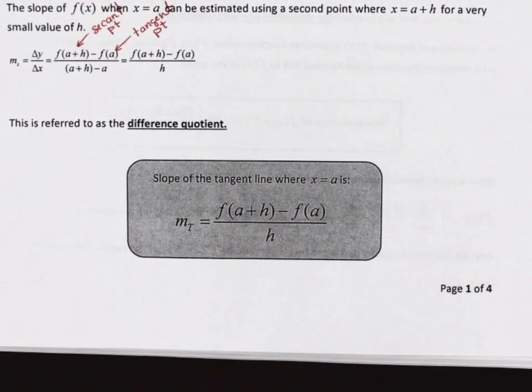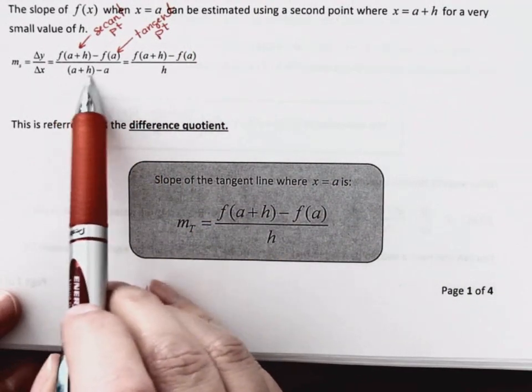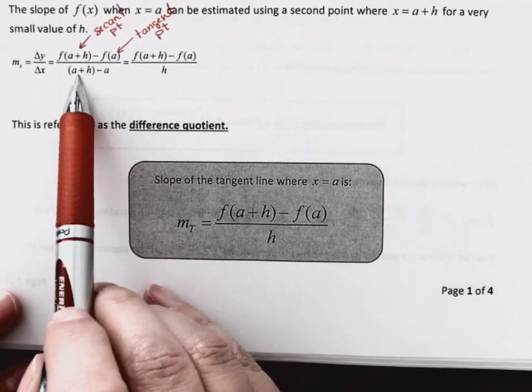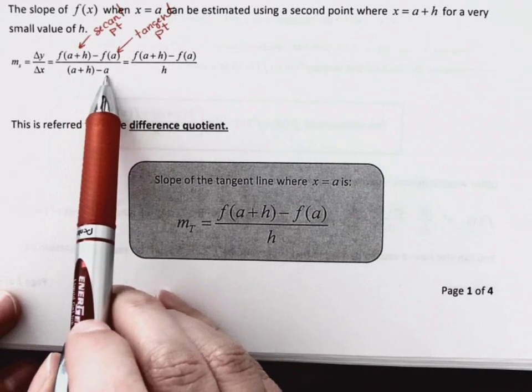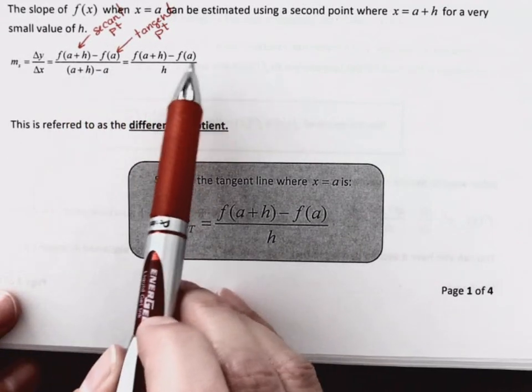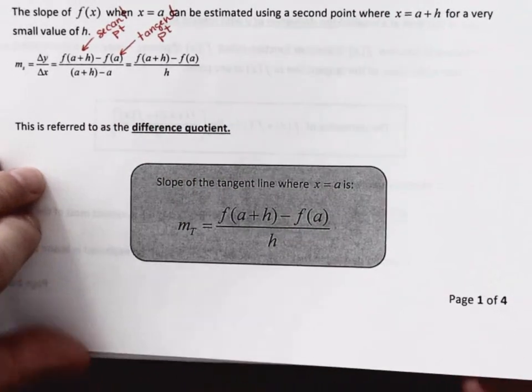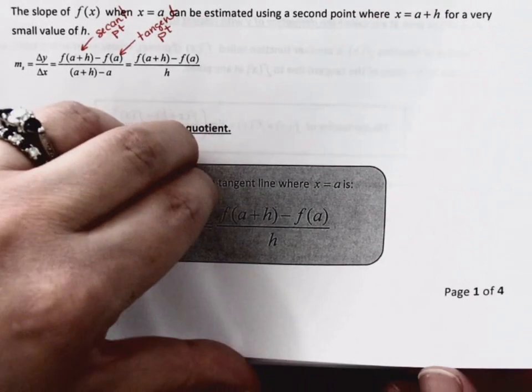It's just the slope formula, but simplified. On the bottom, it's the x value of the secant point minus the x value of the point of tangency, and those will cancel each other out, leaving us with just h on the bottom. So that's just the math behind it, and it looks a little weird, but it's really not that bad.